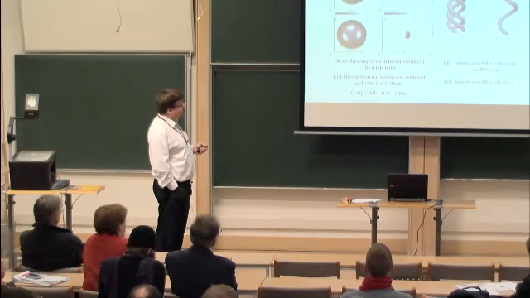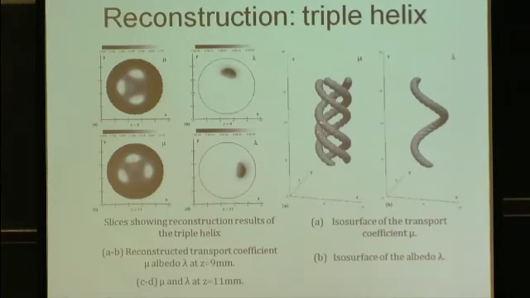Here, in fact, that's just recast as the attenuation coefficient, that's the sum of absorption and scattering, and the albedo, which is the ratio of the absorption to the transport coefficient. So we're able to separate that. And the reason is because we take off-axis measurements. So we're getting two sets of measurements at each angle, not just the transmission measurement, but also the scattered at an angle. I think we use 45 degrees here.